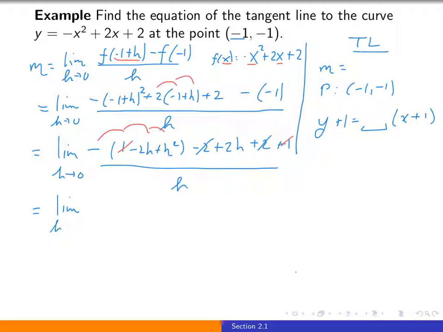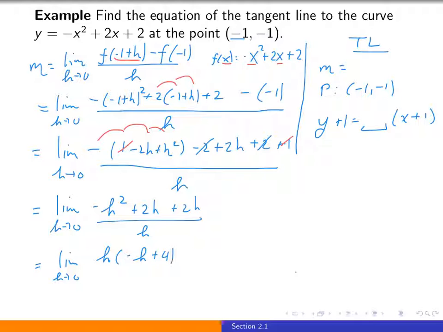And everything else in the top will remain. You have an h squared with a minus sign in front of it, a plus 2h, a plus 2h, all divided by h. But luckily, we're in this situation once again where each term in the top has an h in it. So pull that h out, and you're going to be left with minus h plus 4, all over h.